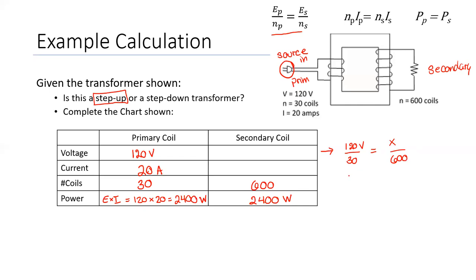So in order to cross multiply, you're going to have 30X equals 120 times 600, and then divide by 30. X is equal to 2400 volts.